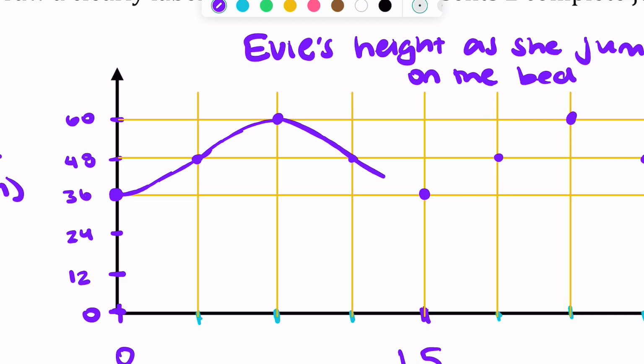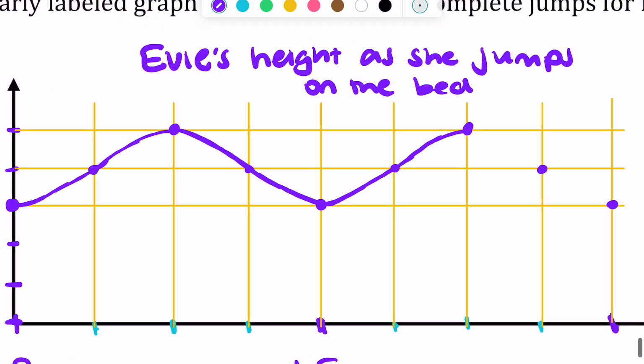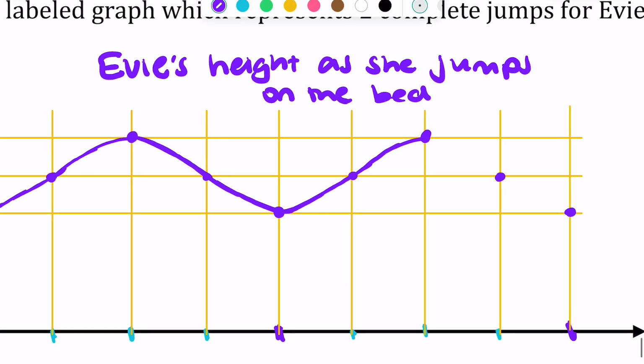And by drawing those additional points, not just the max and the min, it makes it much easier to graph. Because now I have more points to follow.